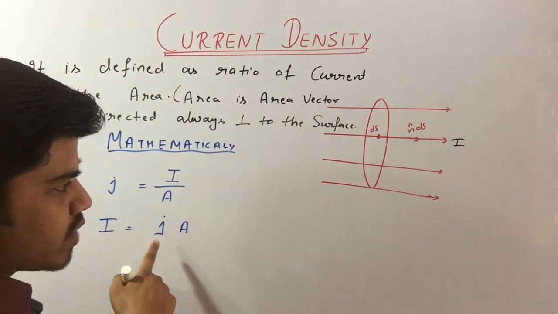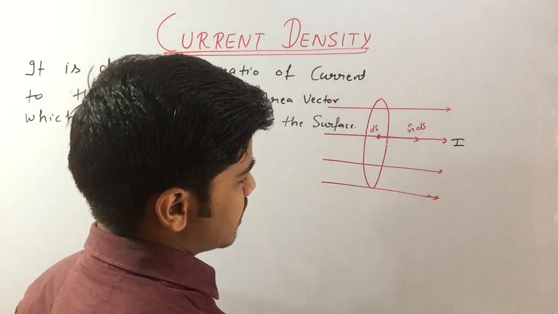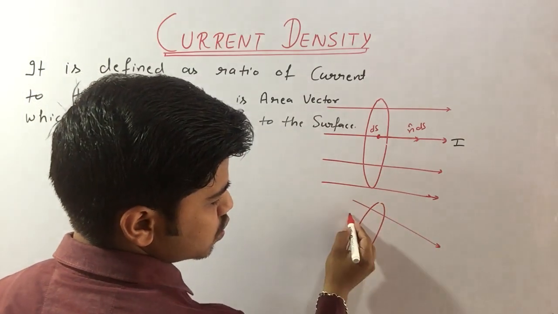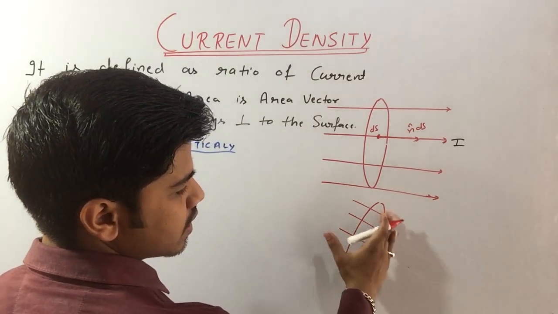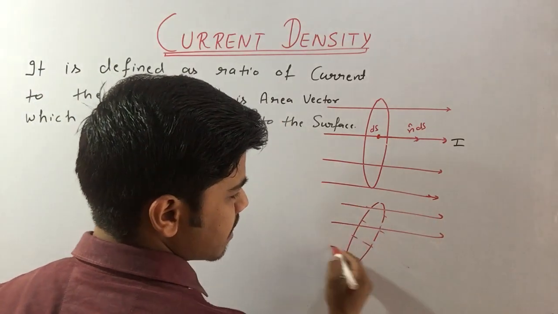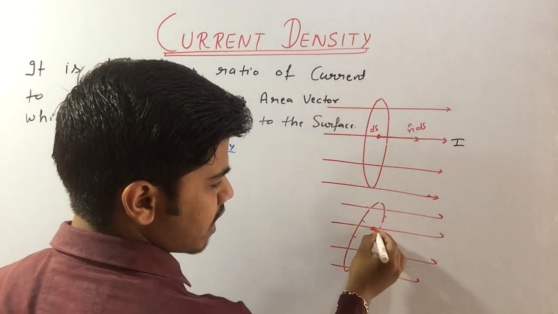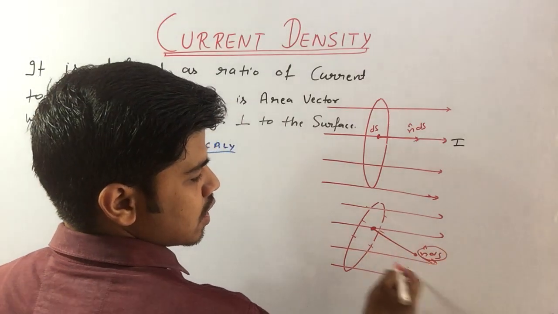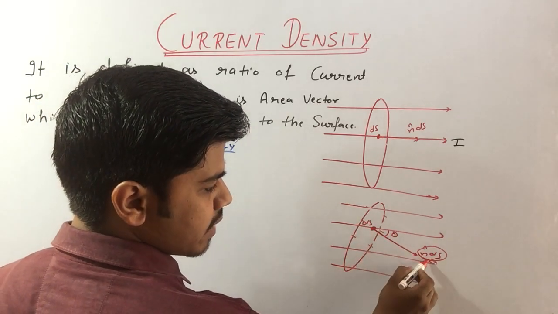Now if we have to prove that current is a scalar quantity, then let us consider this conductor at some angle to the current. The current has the same direction, but the surface of the conductor is inclined at some angle, and after drawing a normal, the area vector n cap ds, this is the angle between n cap ds and the current.